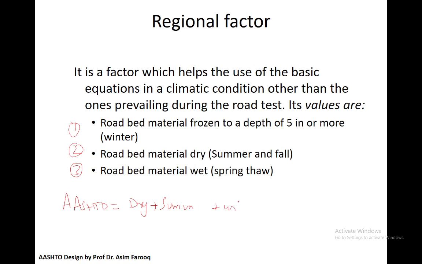Okay. And it also covers when we have completely dry material conditions, such as in Asian territory, where we have summer and fall, and then we have spring conditions as well. Okay. The regional factor is the AASHTO limit, which actually covers the summer, winter, and snow conditions.